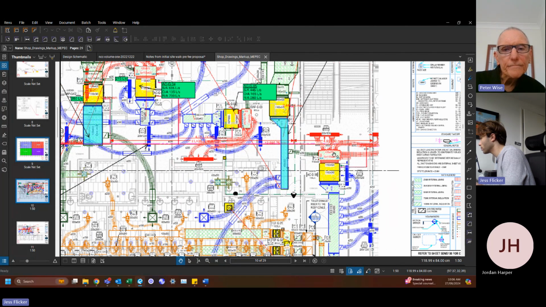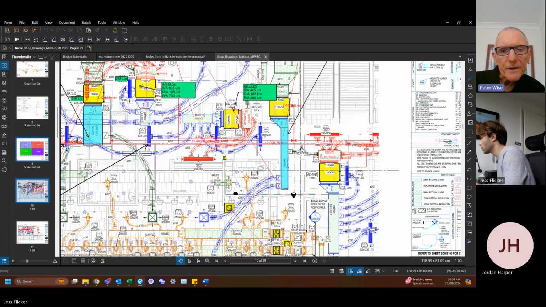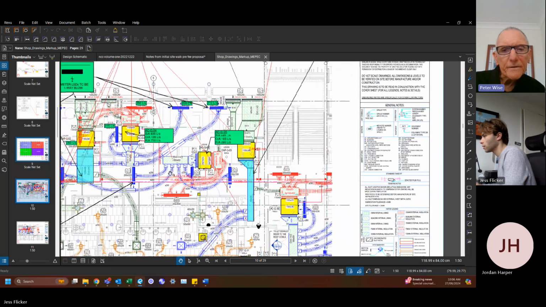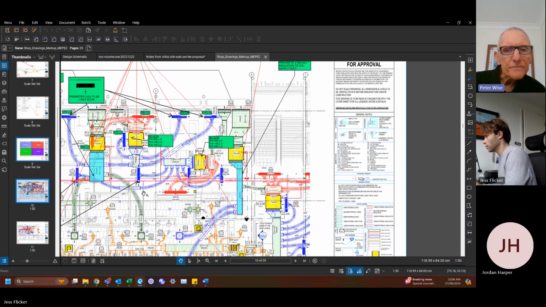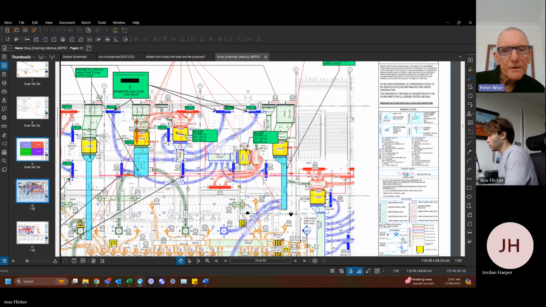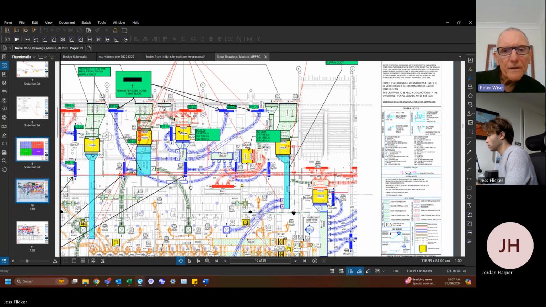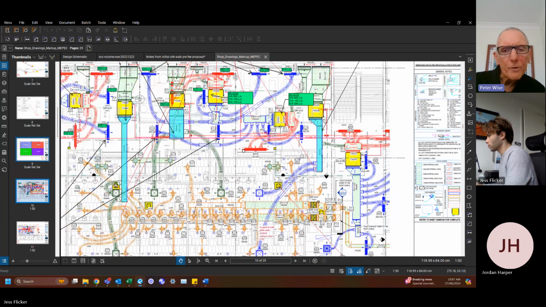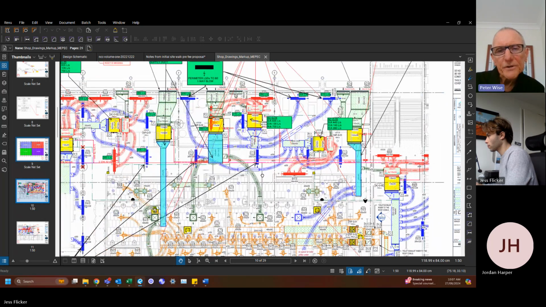Although here actually there is. Oh, yeah, that's going to the unit there. I mean, if you're going to put one in, it makes sense to size it so that you can feed fan coil units as well. I suppose the first question is, do you have to have one for the air conditioning systems?